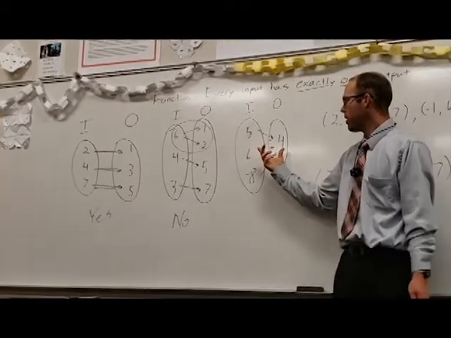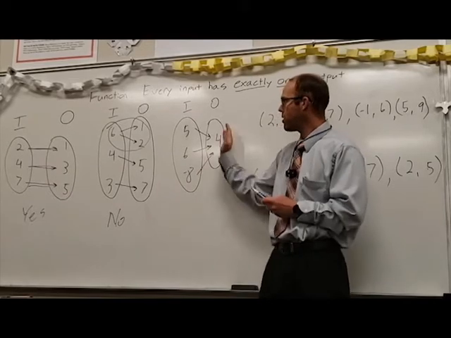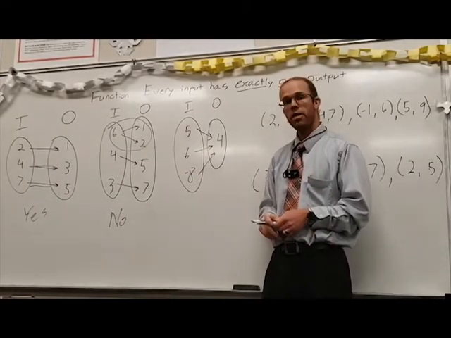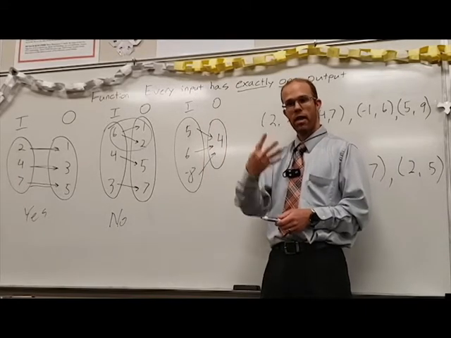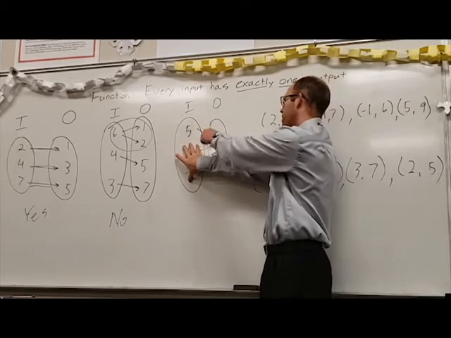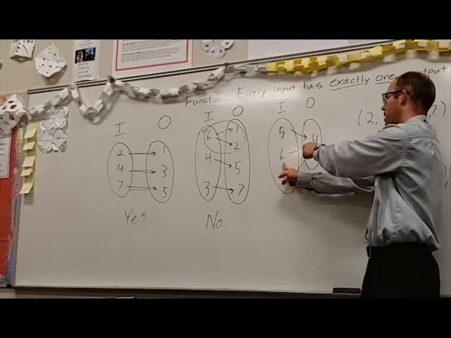Our third example right here, we can see that 5 has an output, 6 has an output, and 8 has an output. I see this one getting people mixed up a lot because it looks very similar to the last one. Let's analyze. Does each input have exactly one output? Let's take a look at the 5. I'm not worried about these. That 5 has exactly one output. It's the 4 right there. 6 has exactly one output.